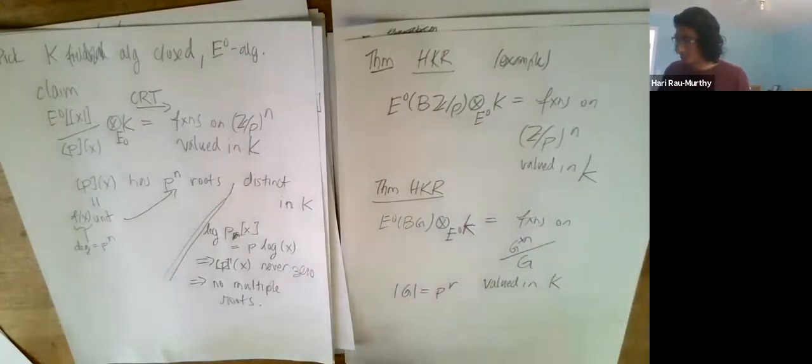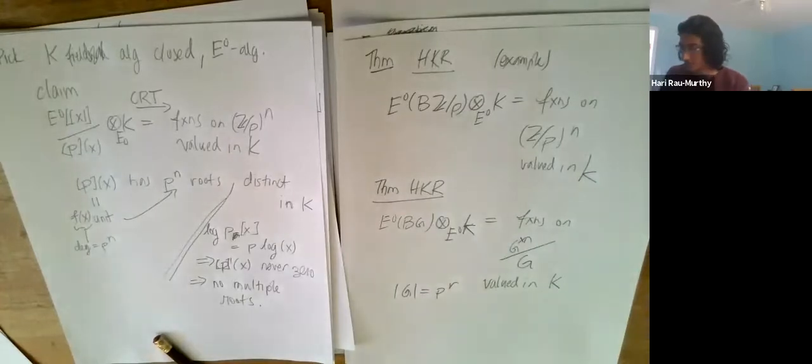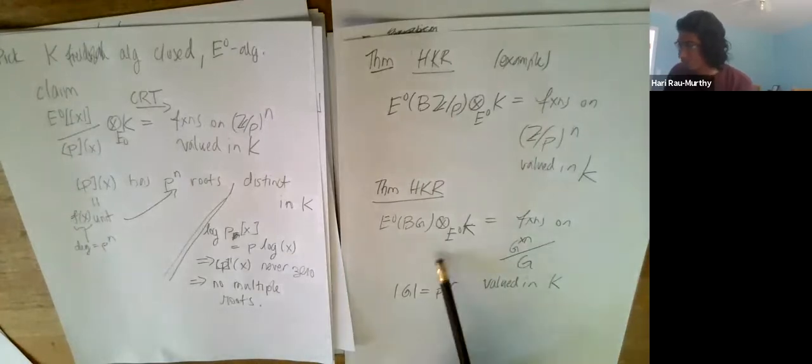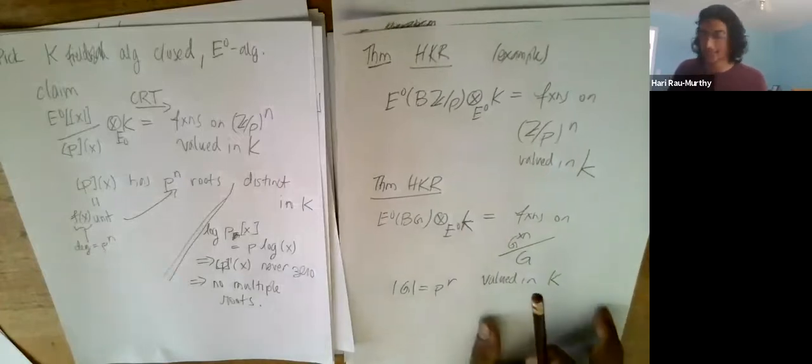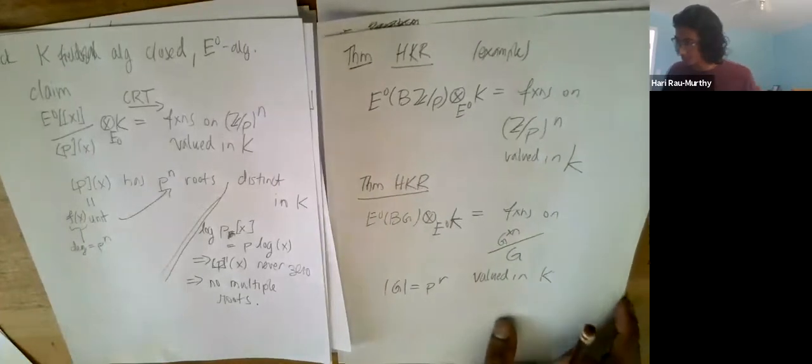a finite group. A couple things that Hopkins-Kuhn-Ravenel do is that they ask what's the best choice of the ring that I need to tensor by in order to get class functions.